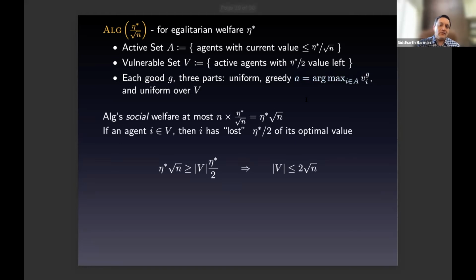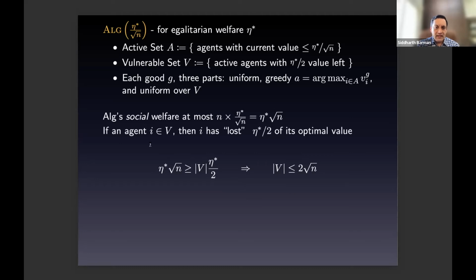So the social welfare of the algorithm is at least as much as the social welfare you have lost among all vulnerable agents. For every vulnerable agent, this much social welfare is lost, you have reassigned it, but you have reassigned it greedily, to higher value agents. So you have this inequality: social welfare acquired is at least as much as social welfare lost.